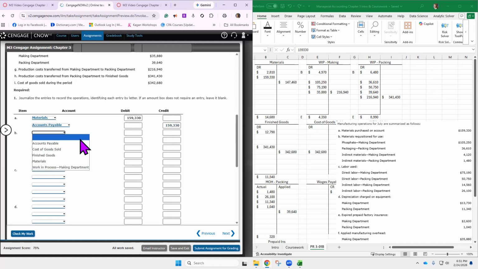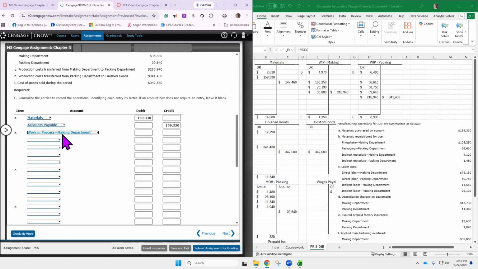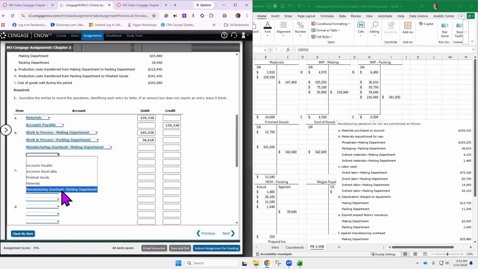All right, B, materials requisitioned for use. Remember, we've got two WIPs now. So we're going to debit the making department and debit the packing department for the materials. Materials are going to go up. This is going to be 105,250, and then this one's going to be 36,610. Then our indirect materials are going to go into manufacturing overhead, and they each have their own.